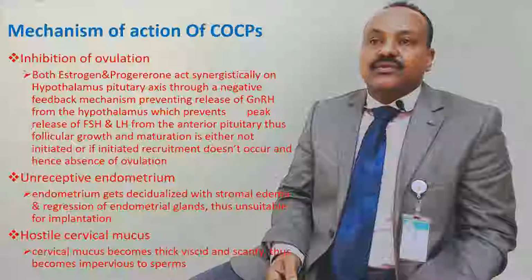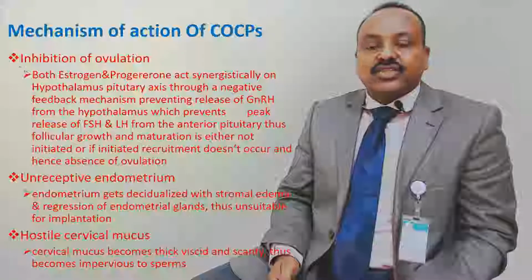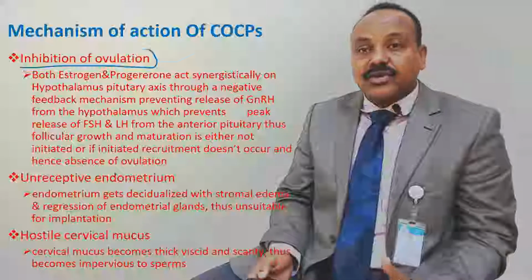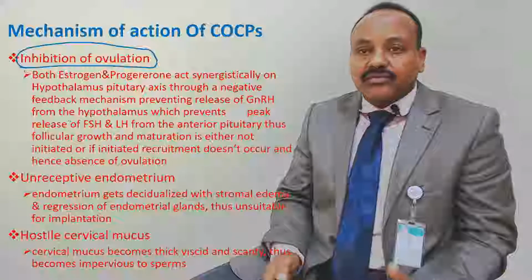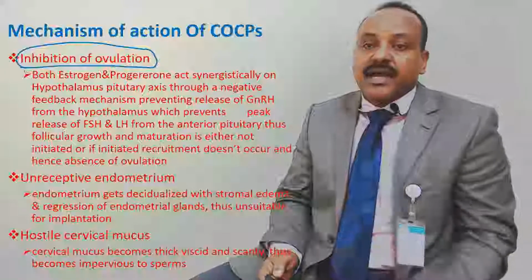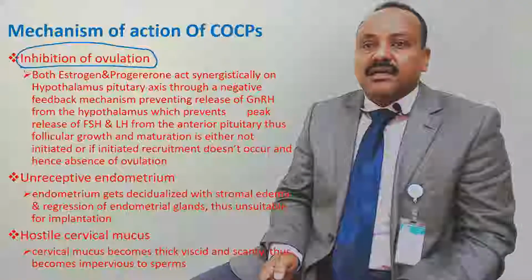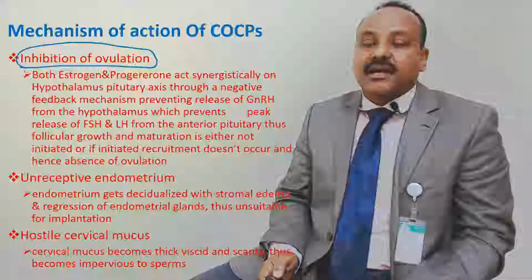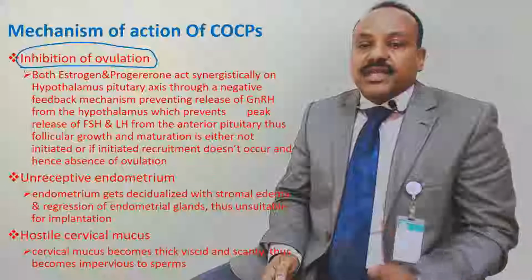Mechanism of action of combined oral contraceptive pill. How it prevents pregnancy and how it acts. This usually inhibits ovulation, the first action of the combined oral contraceptive pill. As you know, progesterone and estrogen are important hormones in the axis of gonadotropins, hypothalamus, pituitary and ovary. This is the normal axis to regulate ovulation. So adding estrogen and progesterone affects this hypothalamic pituitary axis, and can inhibit ovulation.